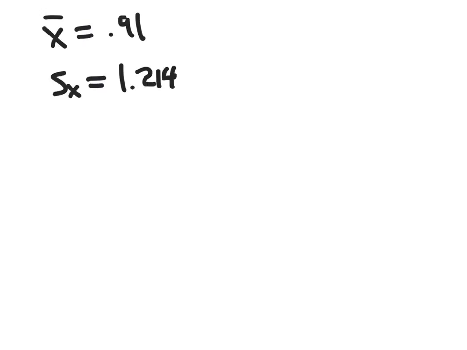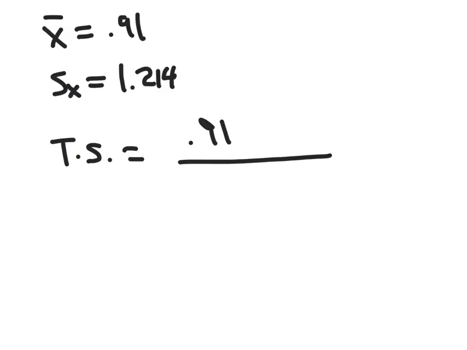I'm going to go into stat, calculate one variable statistics, and see what we got for that stuff. Okay, hold on a second. So for our list of 10 data points, there's the average for the sample and the standard deviation. So we're going to do the test statistic. Let's see, 0.91 minus 0 for no change.